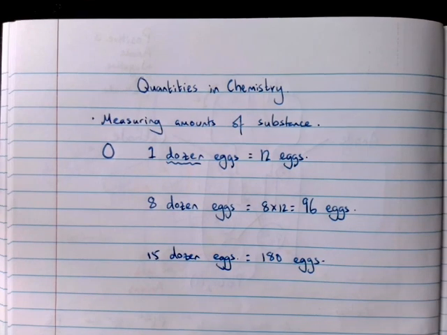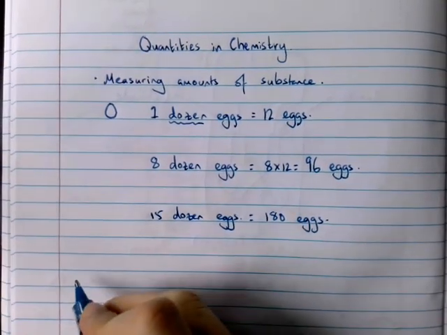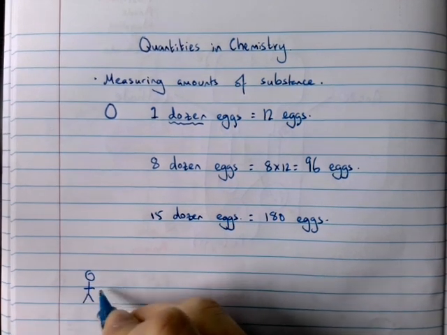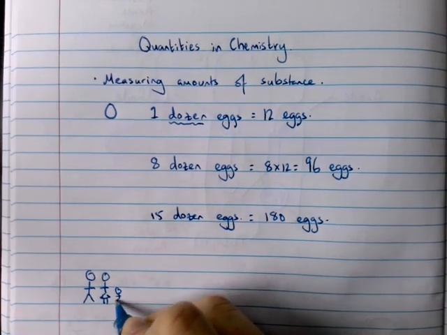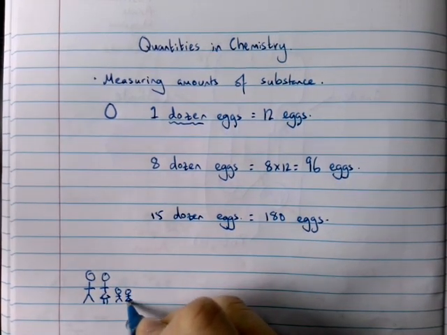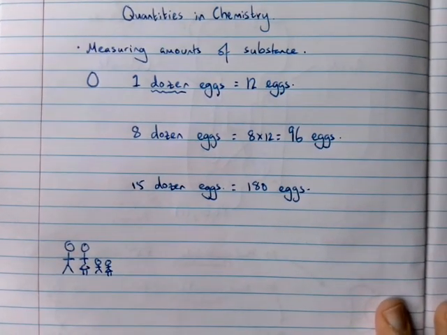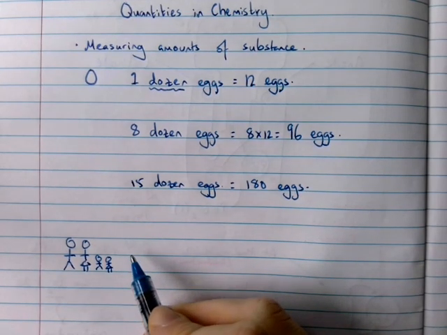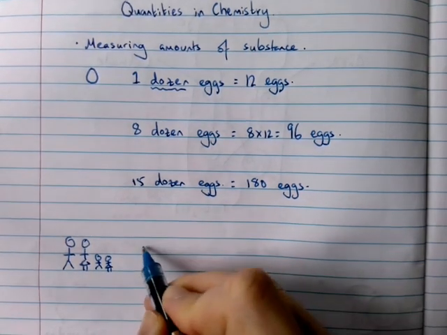Let's suppose that I go shopping once a week, and we've got a nice family of 4, and everyone in the family likes to have a fried egg sandwich for breakfast every day. When I go shopping, how many eggs do I need to buy? Each person eats 1 egg a day, which is 4 eggs per day.